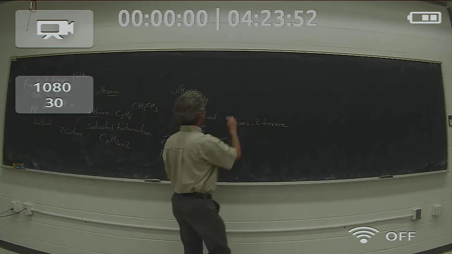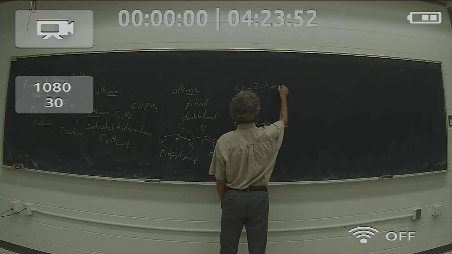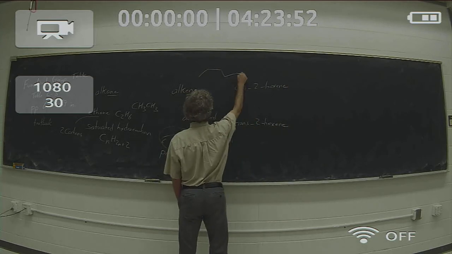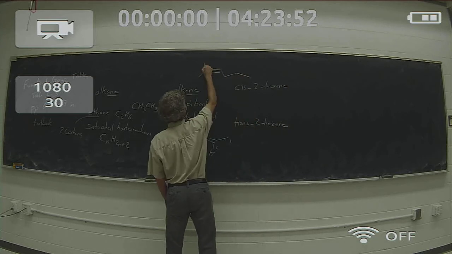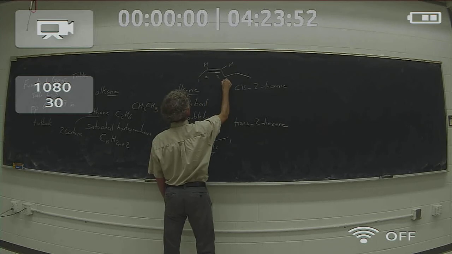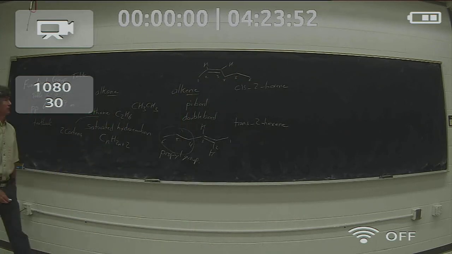Cis 2 hexene would look like this. We have the two large alkyl groups, the methyl group and the propyl group, on the same side of the double bond, and the two hydrogens also on the same side of the double bond.